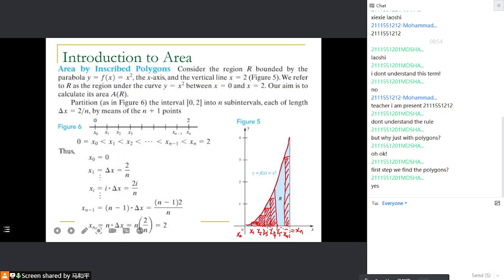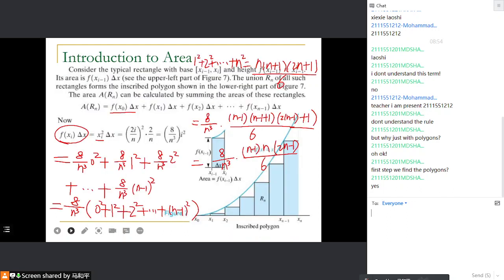Now we find the areas of these polygons approaching the area of the region R. So we calculate A(Rn), the area of Rn. Okay, we will try to find the area of Rn.